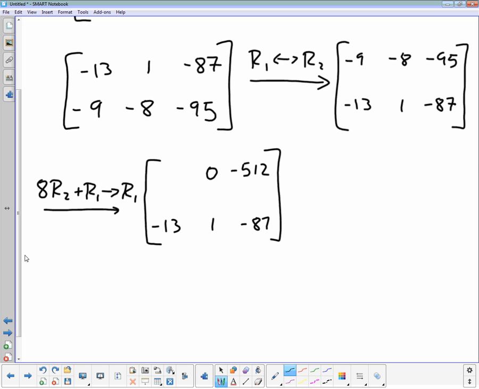Negative 104 minus 9, negative 113. But I don't like the fact that that's not divisible. Did I make a mistake? Yeah, I think this is where my error is.